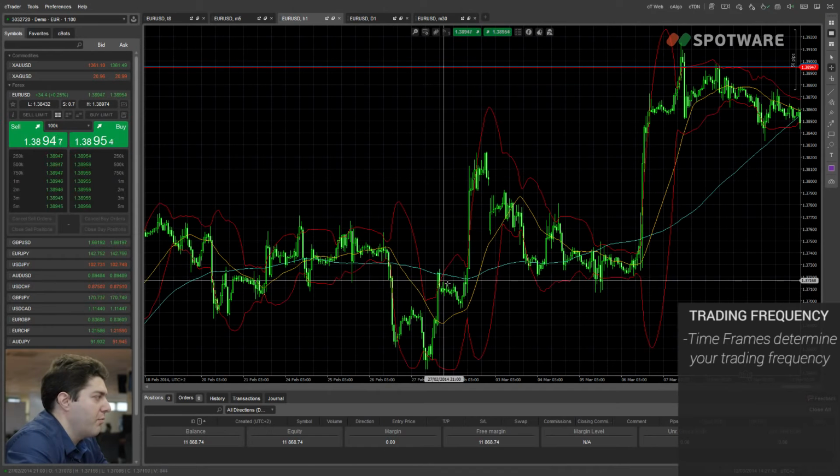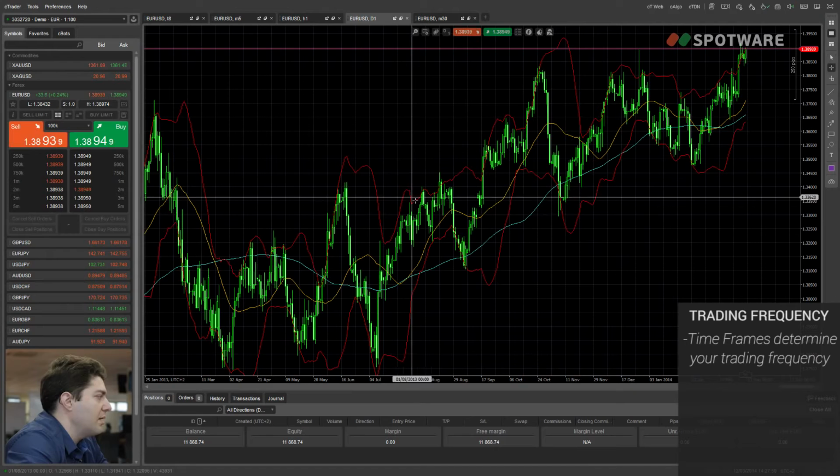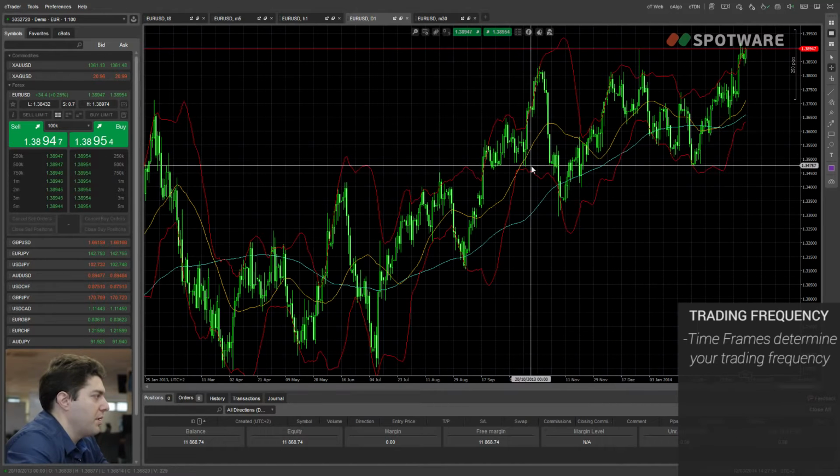And you see that we have one signal per number of days. So we receive some signals in 1 week. And if we move to a daily chart, same thing, you're going to see that we have a signal per month or something.